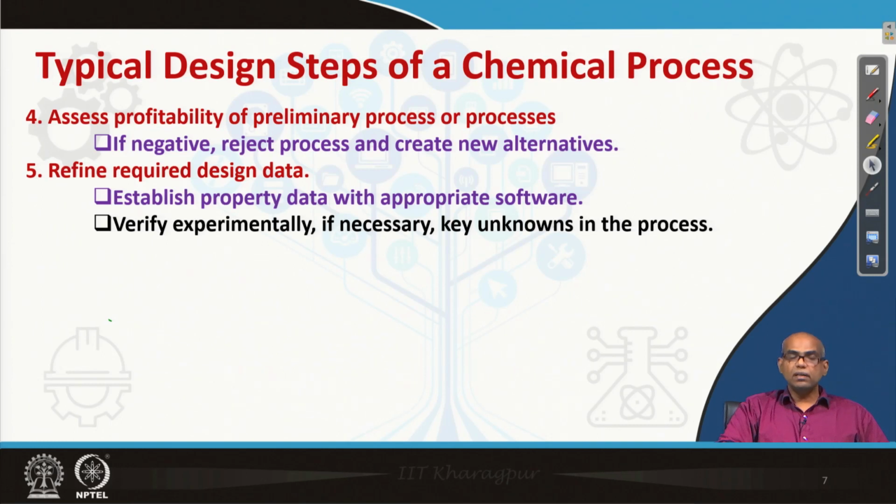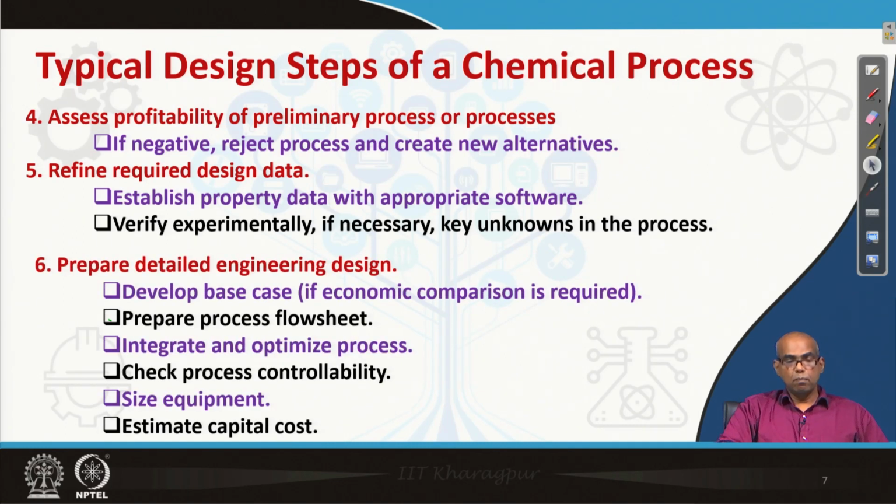Refine required design data, establish property data with appropriate software. If necessary, verify experimentally the key unknowns in the process. Prepare detailed engineering design. You have to develop base case if economic comparison is required. Prepare process flow sheet, integrate and optimize process.